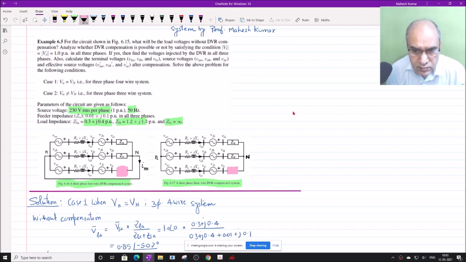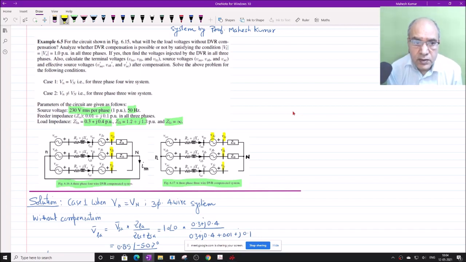So ZC is open and ZLA and ZLB are given to us. The first question is to find the load voltages, VLA, VLB and VLC, without any DVR compensation in both the cases. The second problem is to find the DVR voltage if VLA, VLB, VLC are maintained at 1.0 per unit and balanced in respect of the angles as well.